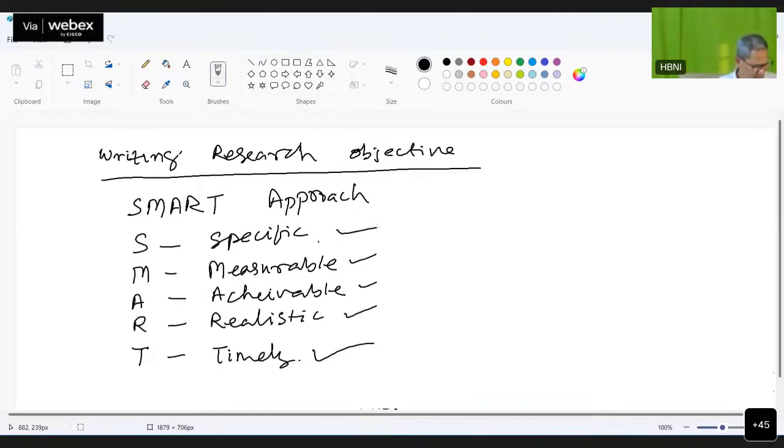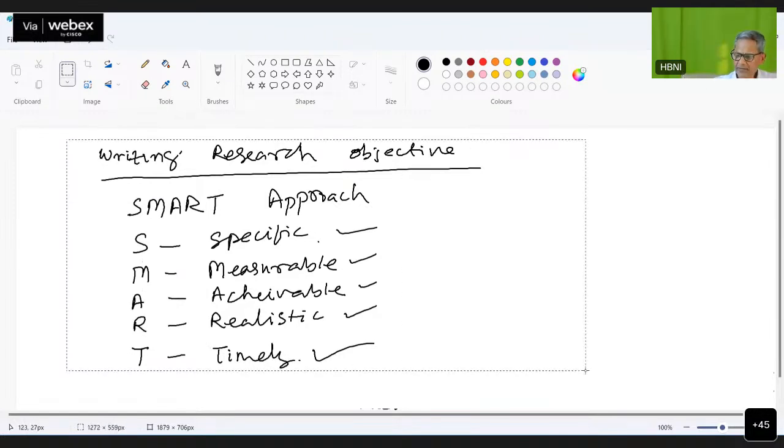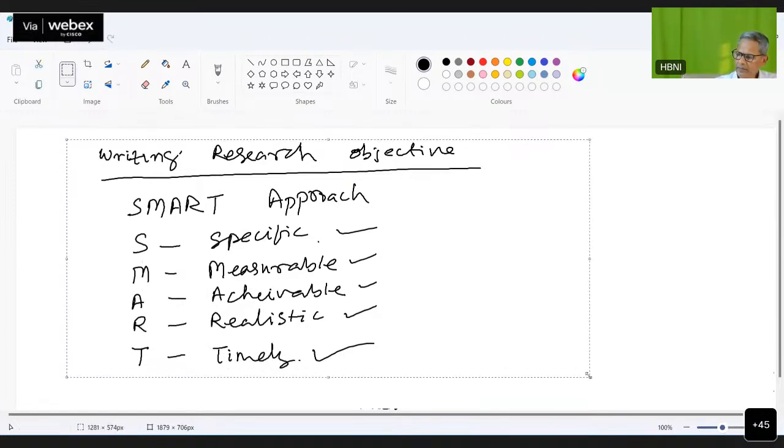So let me give you an example of a research idea, a research question and a research objective, whatever we have studied today. Okay, let me delete this and give you.